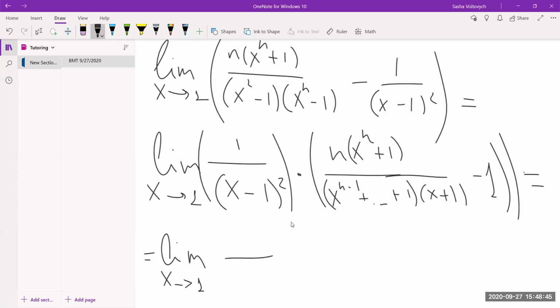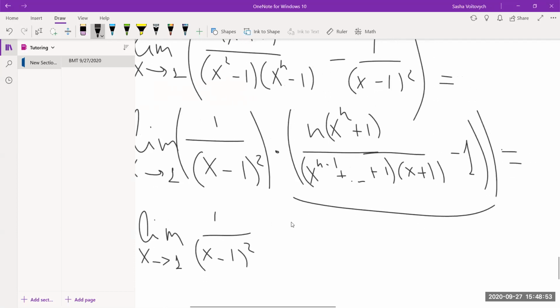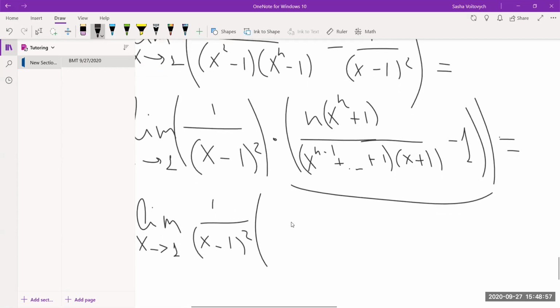Okay, so this second fraction, we will have something of this form.